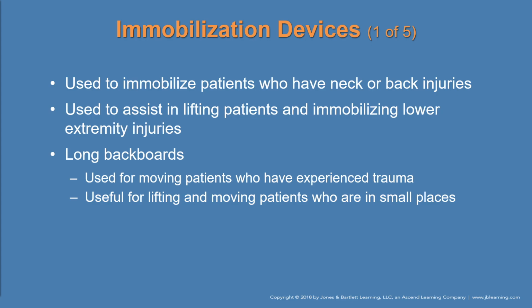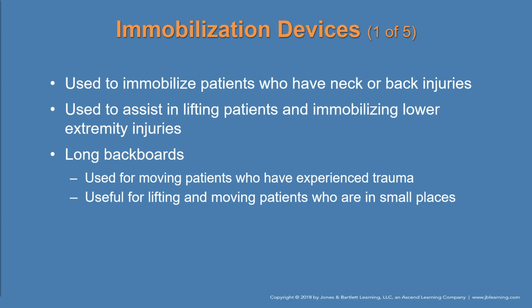Number two thing that we can do is limit the amount of motion that we put into these potentially broken bones. And so we have a device in every ambulance that is slightly scooped. It's nice and squishy, and it tends to immobilize our patients extraordinarily well, and that is the stretcher.